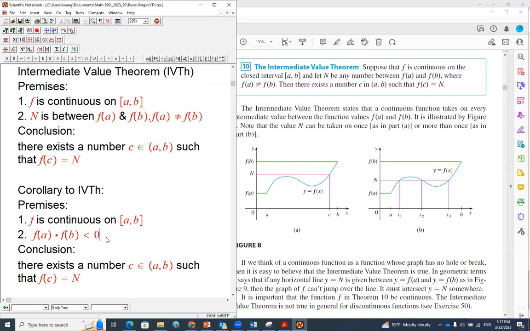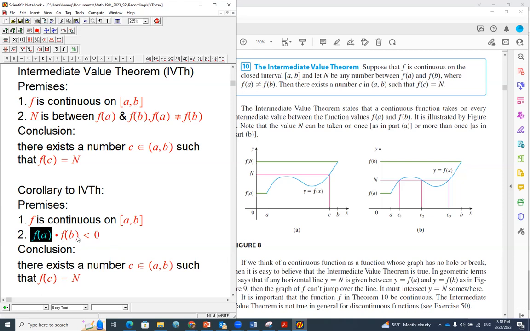It satisfies this condition, because if two numbers multiply to make a negative, one is positive and the other has to be negative, right?